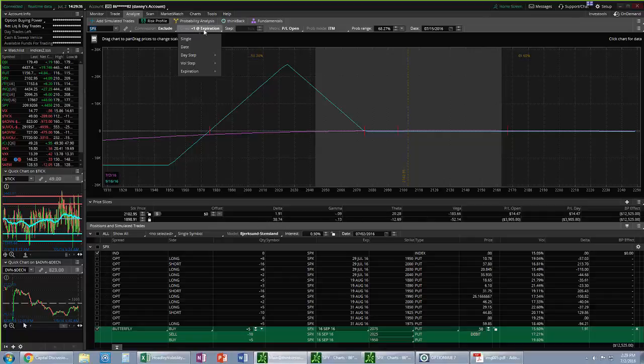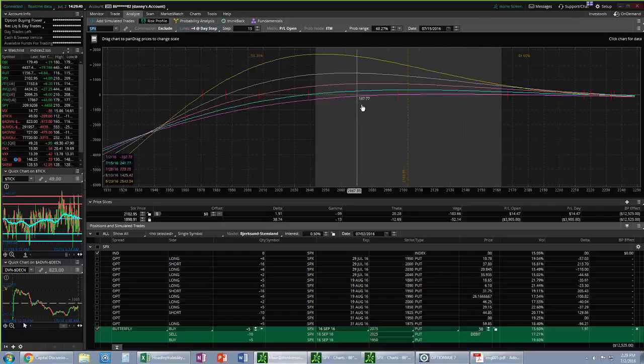And when you look at it on the day steps, this is what I like to see. When I first start something out, I know that the family of curves is going to be falling off a little bit on the downside, but I don't want it to fall off a lot.